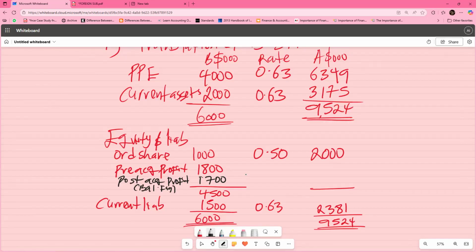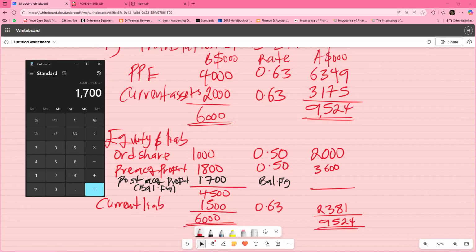So this pre-acquisition profit, you need to check your acquisition rate. When you acquire, what is the rate? It's still 0.5. So this is 36. You also do the same thing. For example, I have 9,524, then minus 56, then minus 2381.